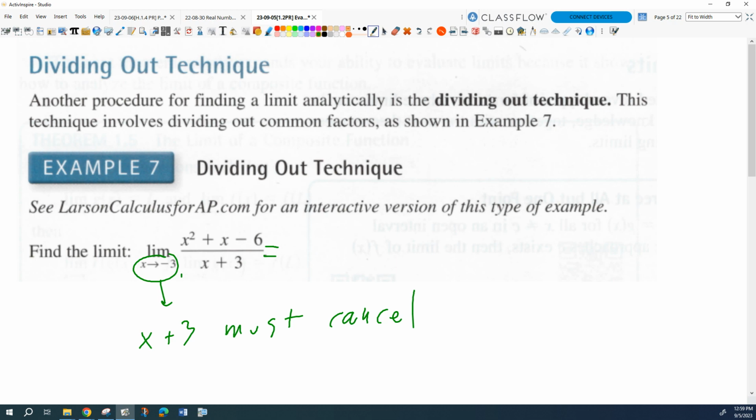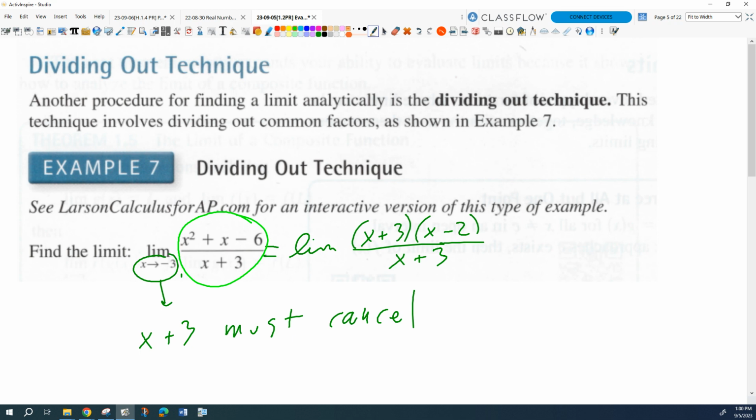So this is equal to the limit of the top factors into what? X plus 3 times x minus 2. Okay, the bottom factors in, or it's already factored. So really, what did we do here? We just worked inside the limit. I want you guys to see that all the stuff I'm saying is completely consistent.